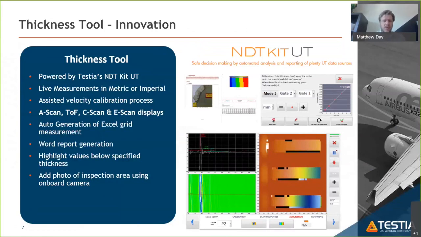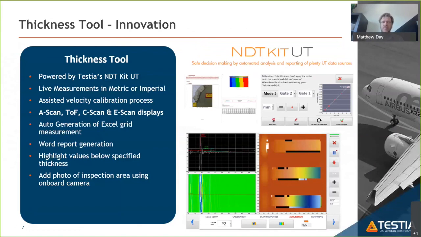If we look at the thickness tool in a bit more detail, it's powered by Testia's NDT Kit UT. We had a webinar on this last week, which will soon be available to watch again on YouTube. And NDT Kit UT is an automated defect recognition software.